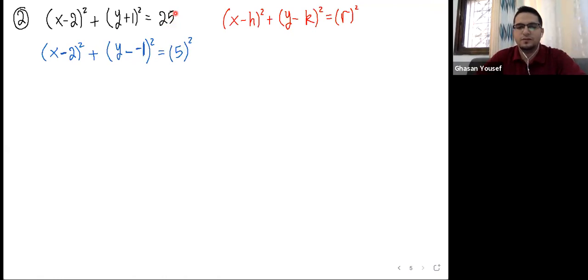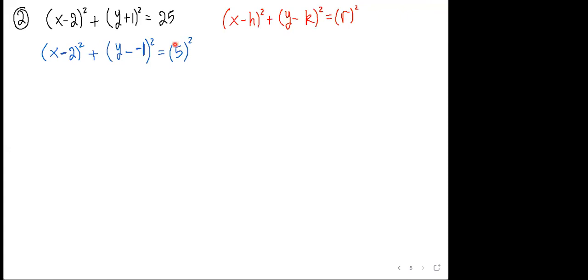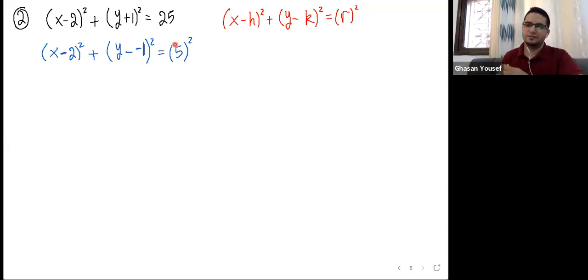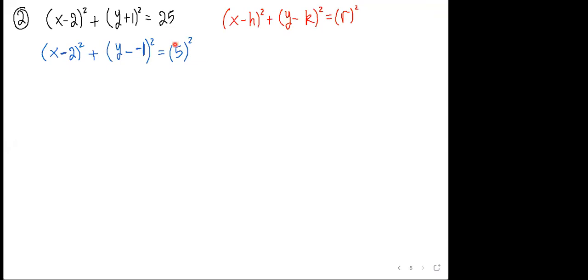We're looking for two numbers whose product is 25. The number is 5. Makes sense, Eric? But when you graph it, the point is going to be positive 2 and negative 1.